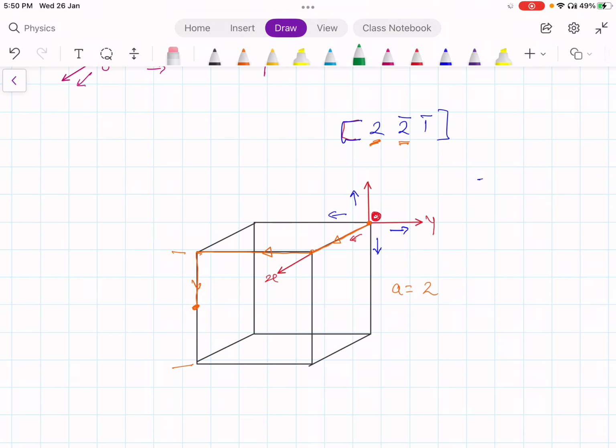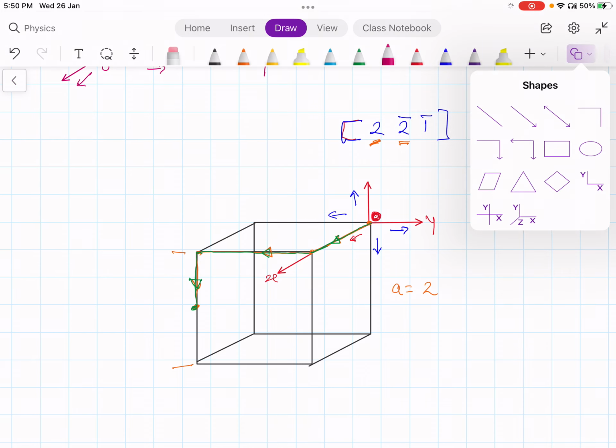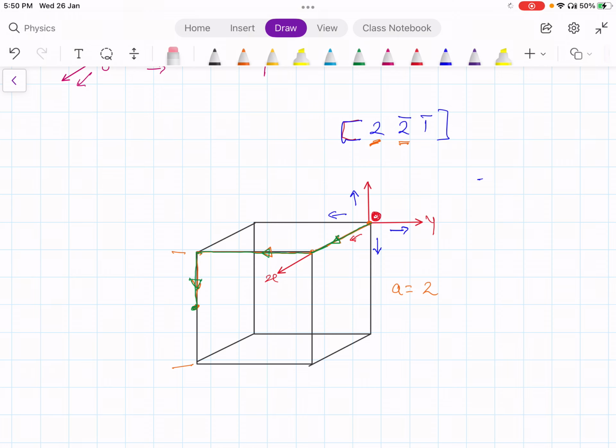So as you can see here, we started from origin, moved distance 2 along x, moved distance 2 along negative y, and moved distance 1 along negative z, and we got this point. Then as you know, the direction is going through origin and through the point so obtained. So this is the direction, 2 bar 2 bar 1.